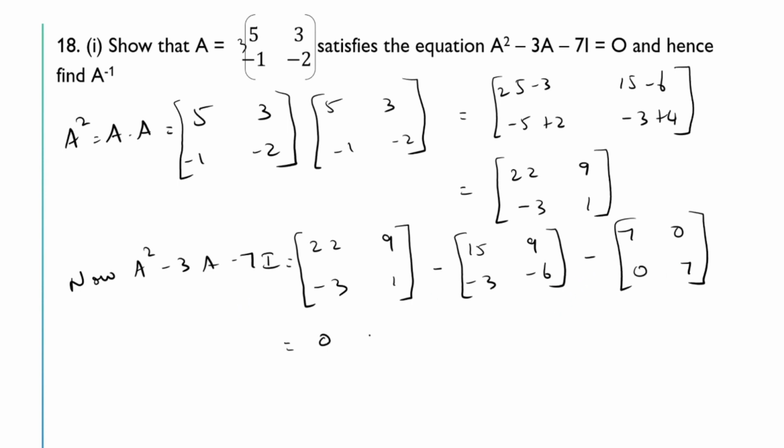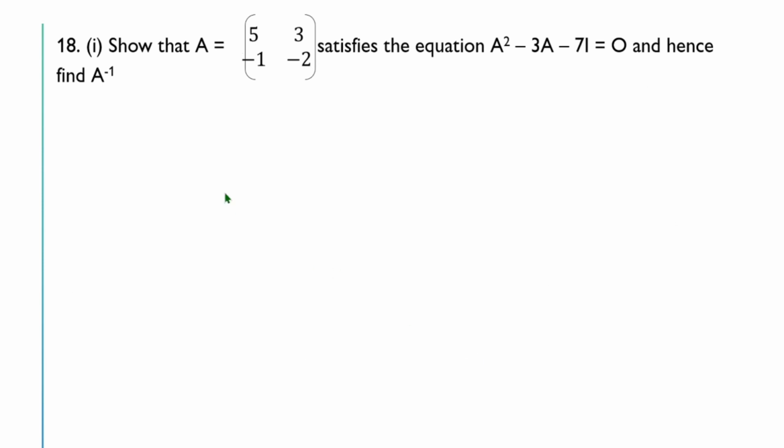So it is equal to 0, 0, 0, 0. So this is a null matrix or a zero matrix. Now they have shown that A is equal to this matrix satisfies this equation and hence find A inverse.